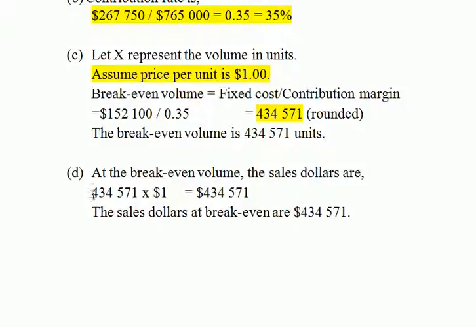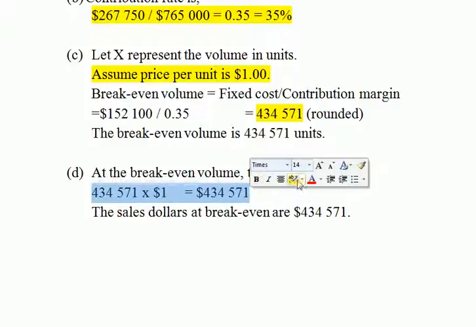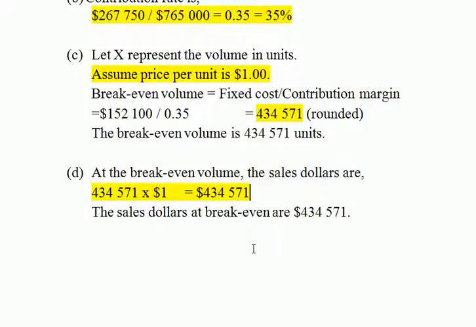Now we assumed that the price that we were selling it for was going to be $1. So all we have to do is to multiply that volume by $1, and so we get the same total of course. So we need to earn 434,571 in order to break even.